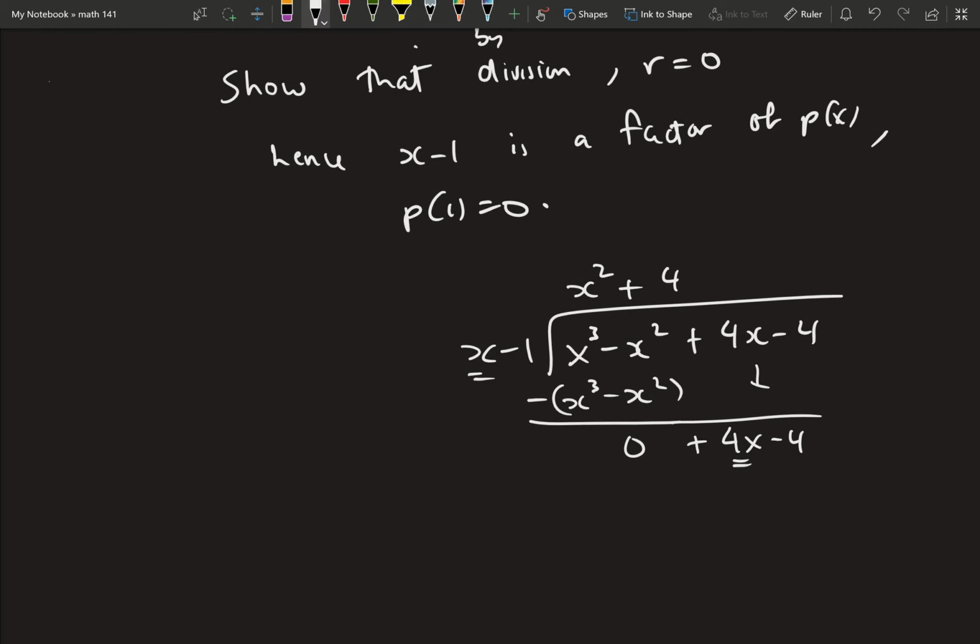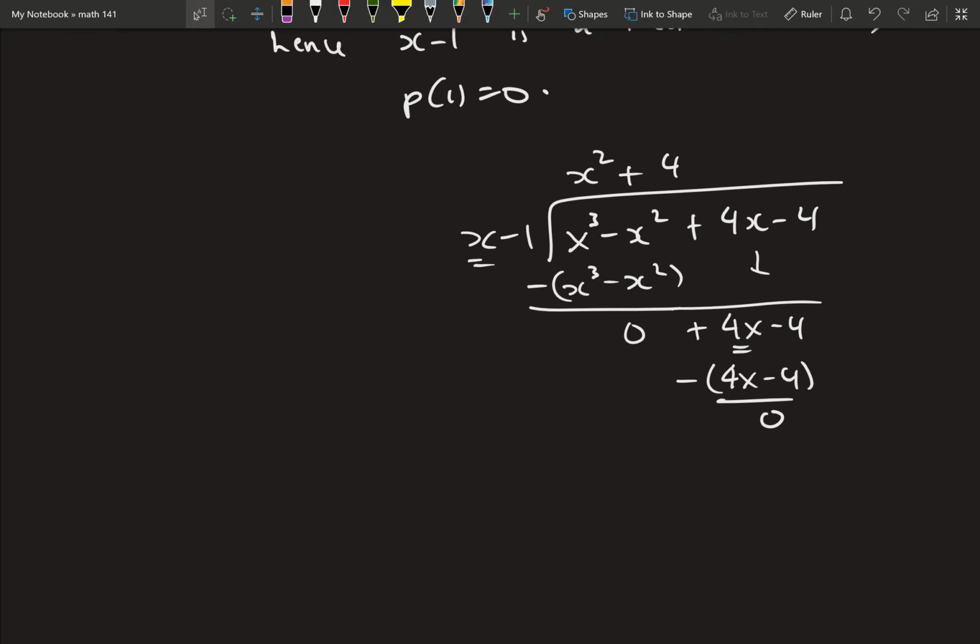Multiply that, we get 4x minus 4 here as well, which when we subtract, we get 0. And so we can write x cubed minus x squared plus 4x minus 4 as the quantity x minus 1, the divisor, times x squared plus 4.